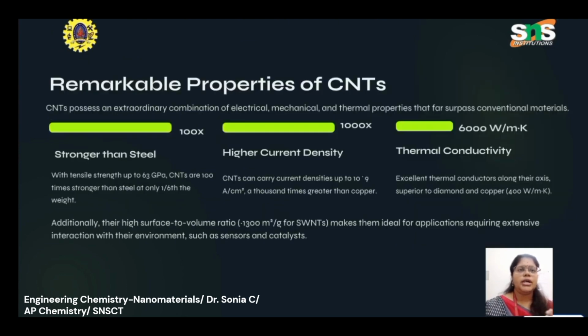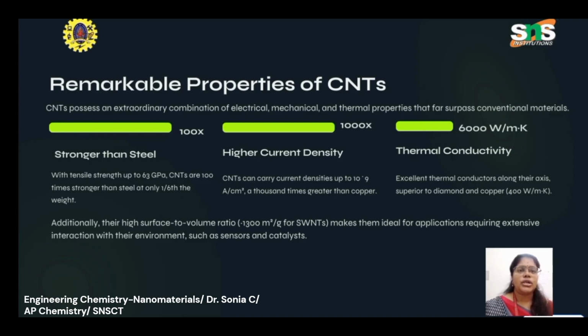What are the remarkable properties of carbon nanotubes? Due to these remarkable properties, it is used in the latest technologies. It possesses an extraordinary combination of electrical, mechanical, and thermal properties that surpass conventional materials.